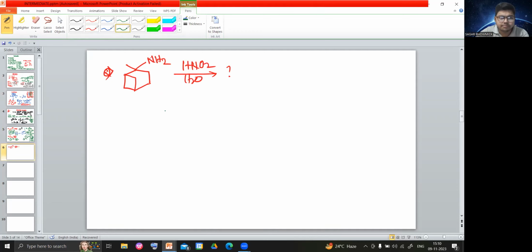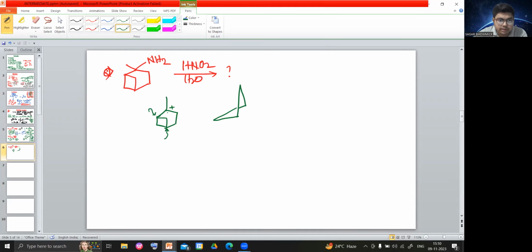Let's start. First, we all know in the position of NH2, we will get one carbocation, right? After N2 removal, we will get one carbocation. Now, it is a bridge kind of compound. If we write this bridge, you can notice these two positions are bridging positions.